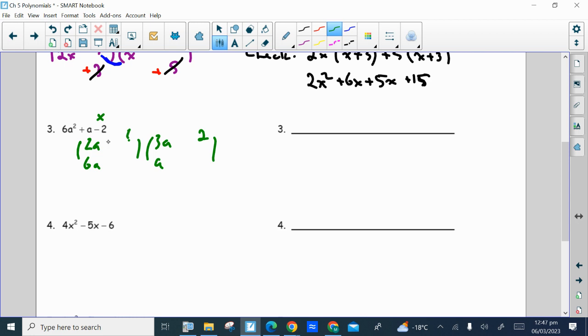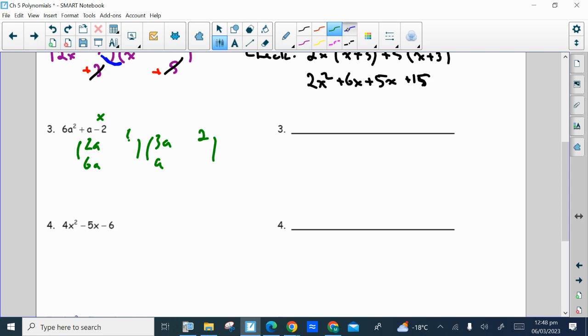If this first term is 2a and the second term is 2, there's a common factor of 2 among them. And that would mean that there's a common factor of 2, but if there was, there would have been a common factor of 2 in the original polynomial, and there's not. So that's how we know there would not be a 2 with the 2a. There won't be. So we don't have to check that possibility.